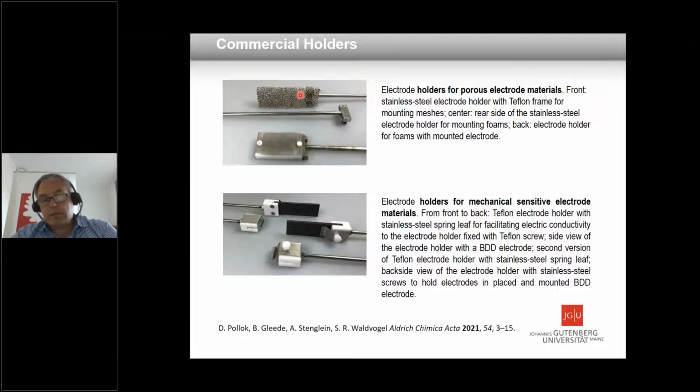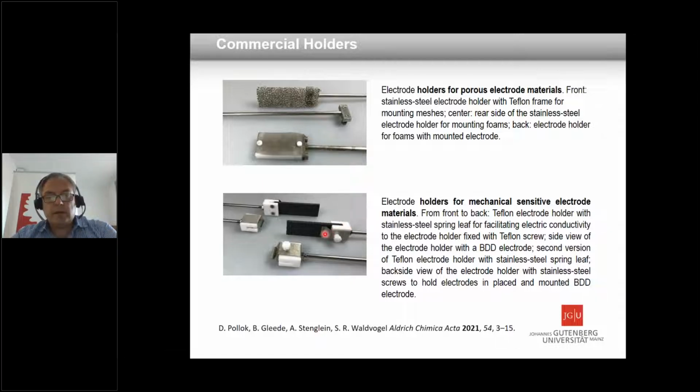There are some electrodes out there which have sensitive surfaces. The surfaces are quite stable, but mechanically less stable. For example, boron-doped diamond, which is on a support of silicon, and then you have a kind of metal lid which goes on the surface, and this gives you sufficient conductivity that you can easily do the electrosynthesis.